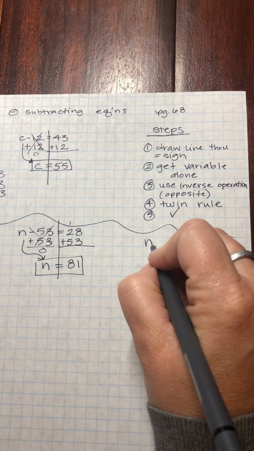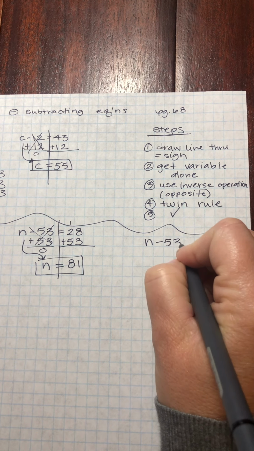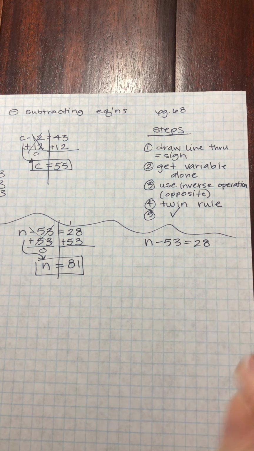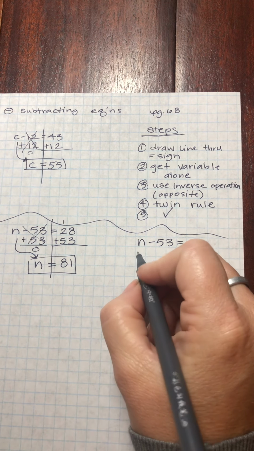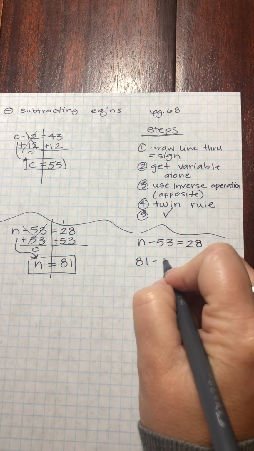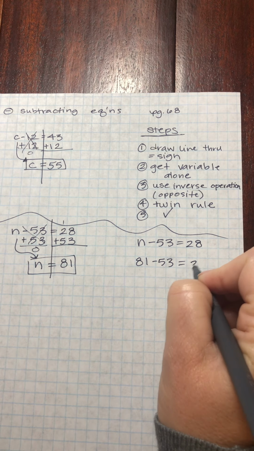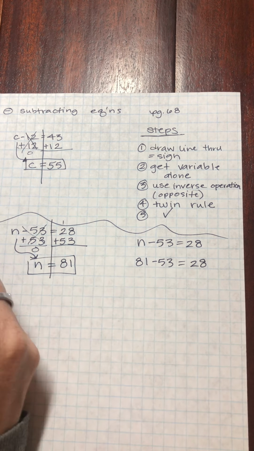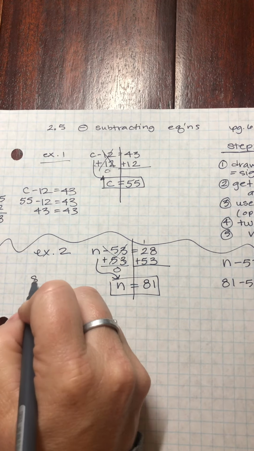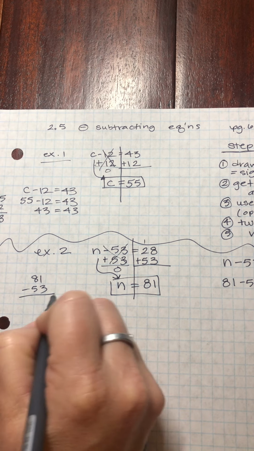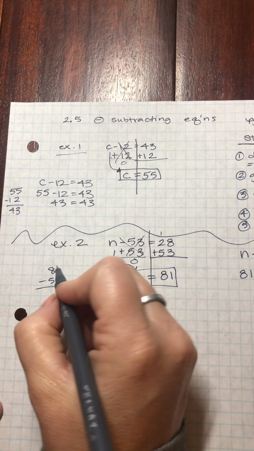So now I'm going to check that, because I want to make sure that I did it right. For the original problem, n minus 53 equals 28, I'm going to plug in my answer for n. So 81 minus 53, does that equal 28? Off to the side, I'm going to show all my work here.